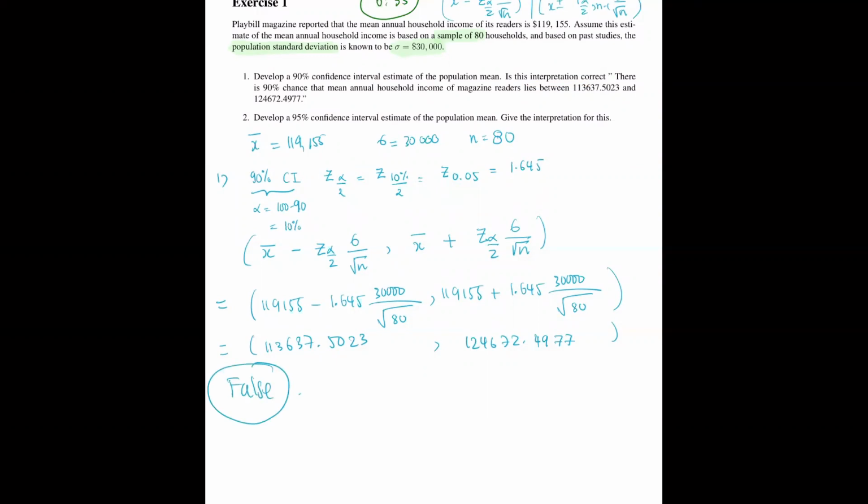Because once you have the interval, the population mean either lies in the interval or it is not in the interval. There is no chance in that.